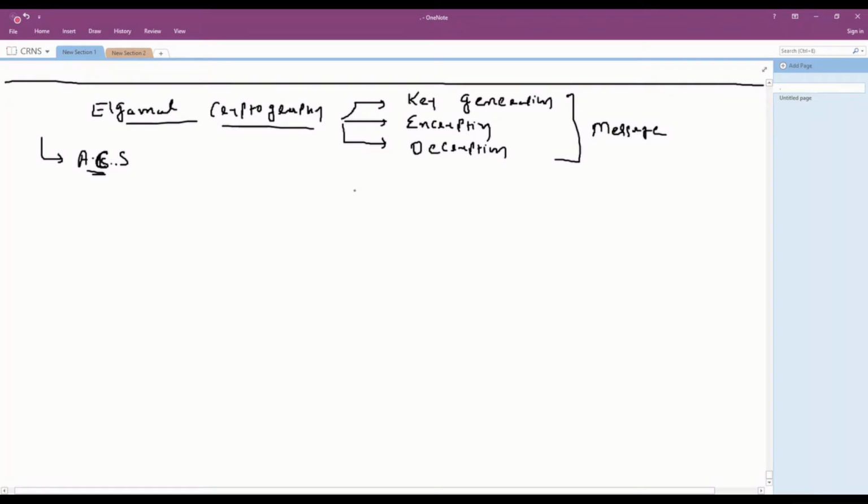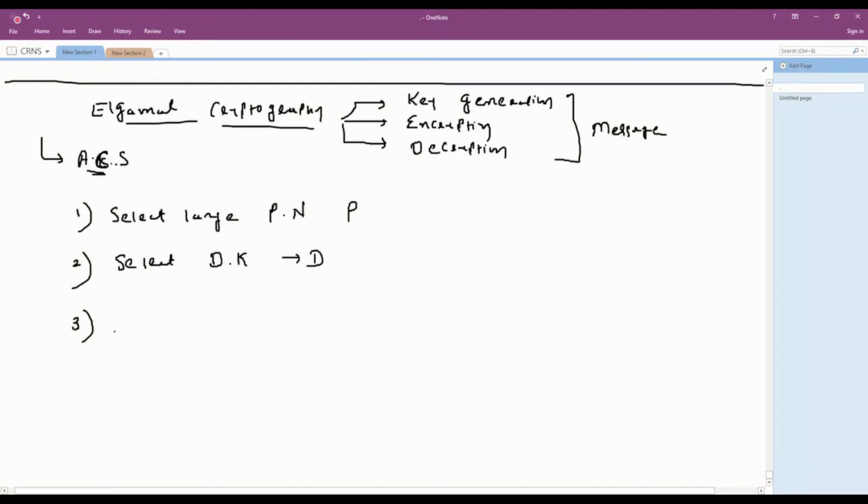Okay, so very simple procedure. I'll be writing the steps and will explain you with the example. Okay, so the very first thing that you need to do is select the large prime number P. Prime number P. Okay, second step is you also need to select the decryption key. Select, I'm writing in short, decryption key, that is D. Okay, private key you can say.